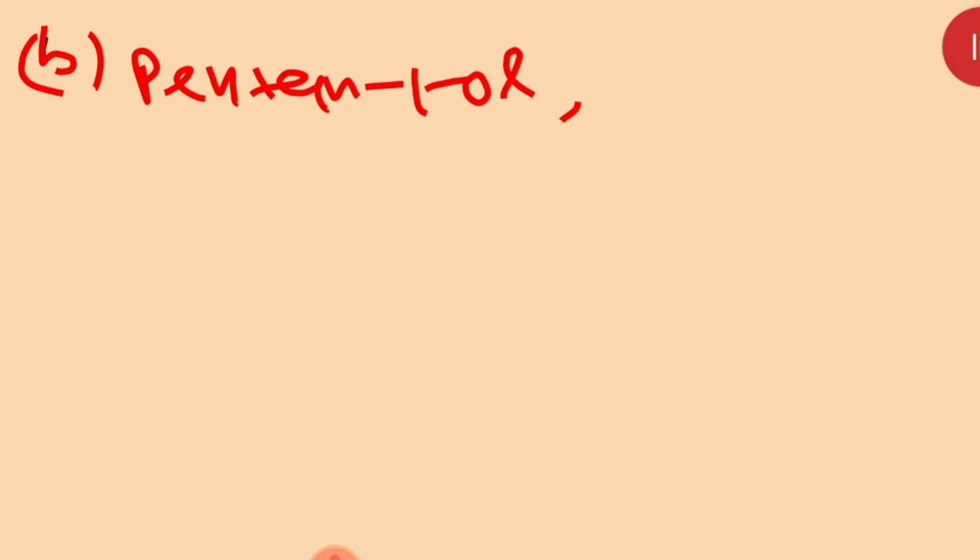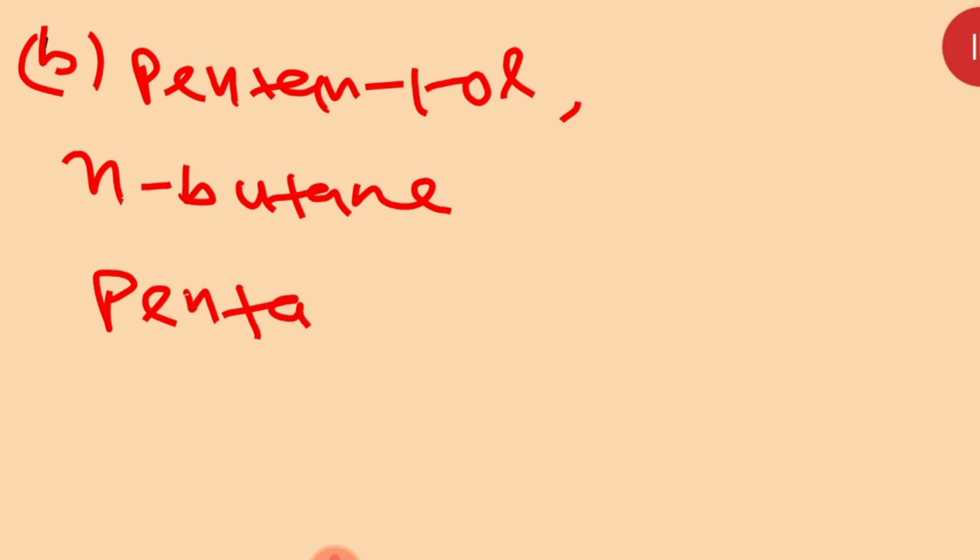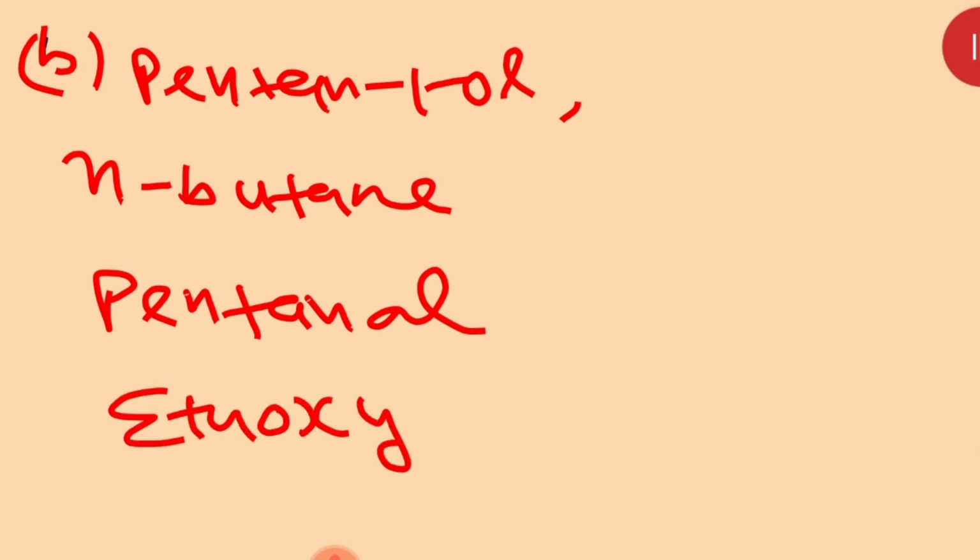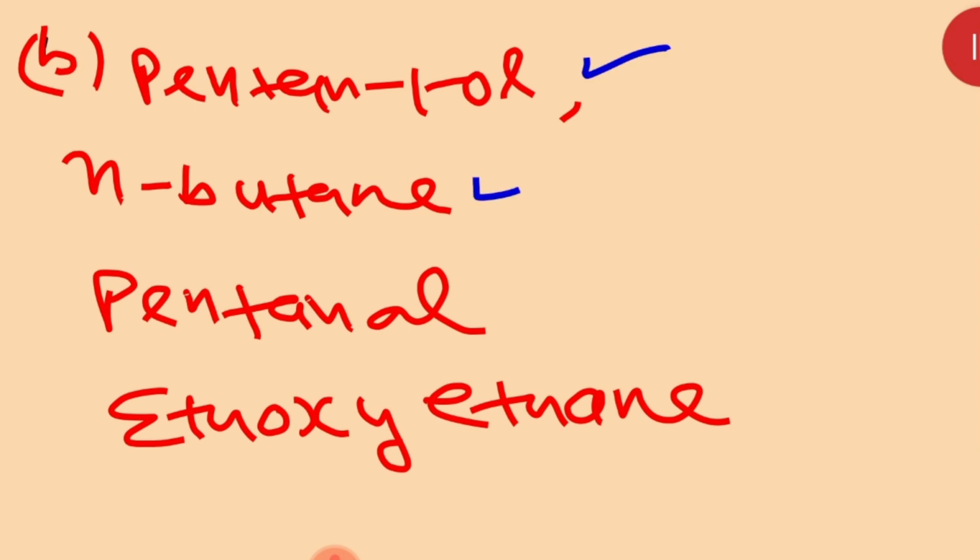Here they have given pentan-1-ol, then n-butane, then pentanal, then ethoxyethane. Ethoxyethane. So you must see pentan-1-ol, n-butane, pentanal, ethoxyethane.